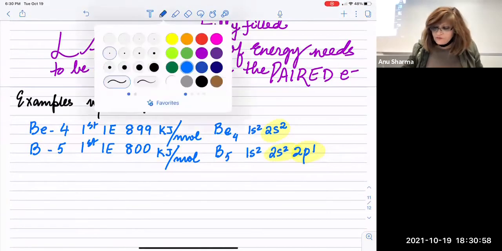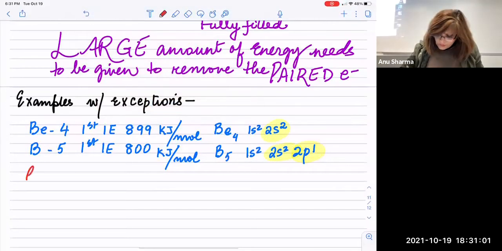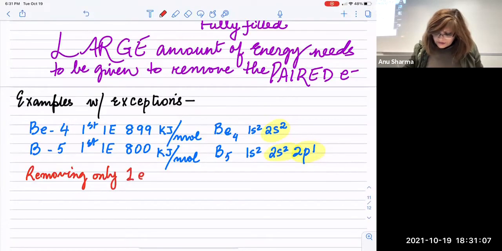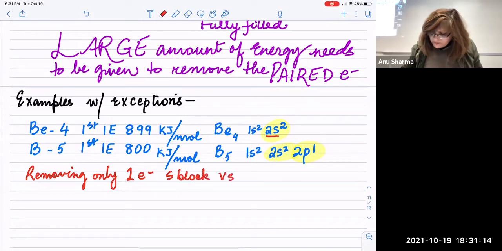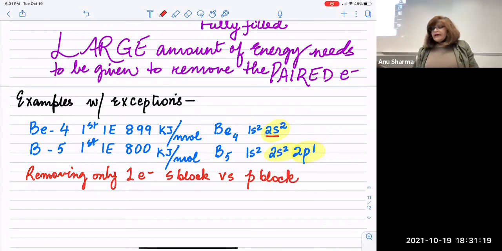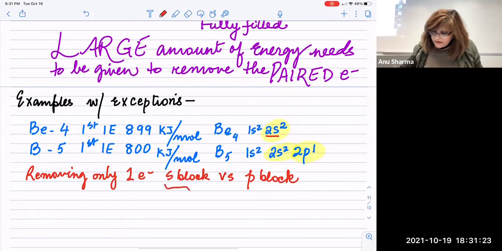Because you're only removing one electron from S block versus P block or P orbital, all the elements that are in the S block will have a higher ionization energy than the P block, which has comparatively lower ionization energy.